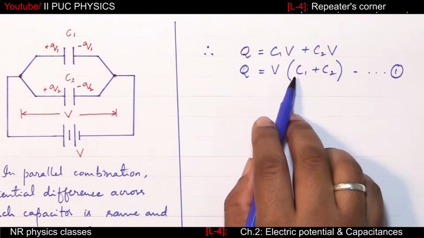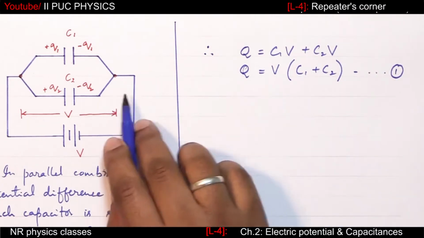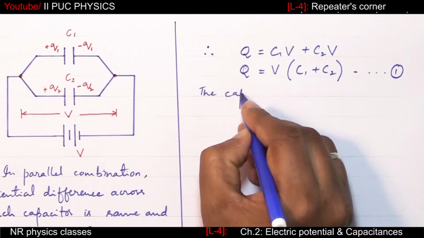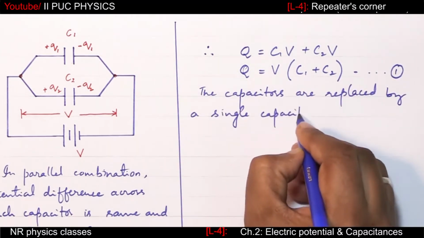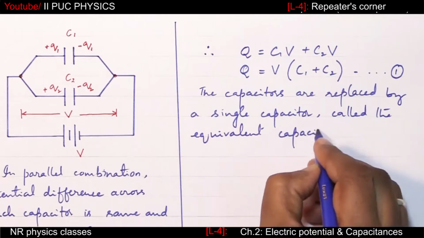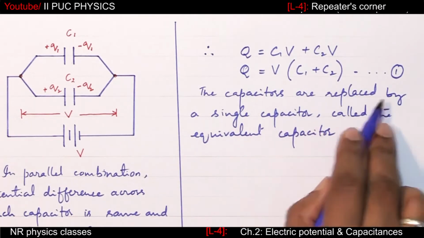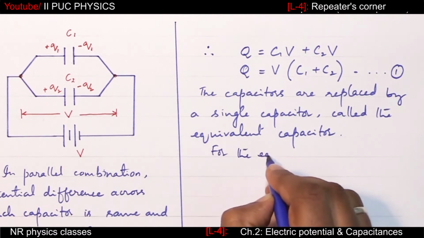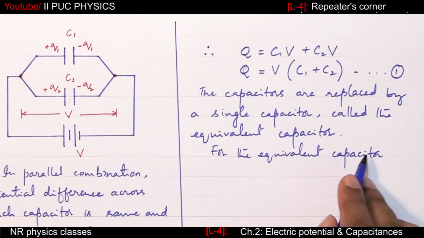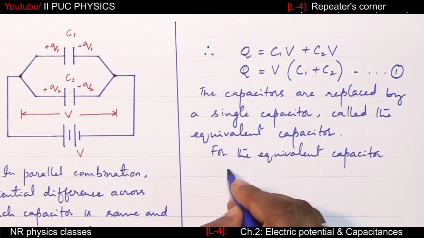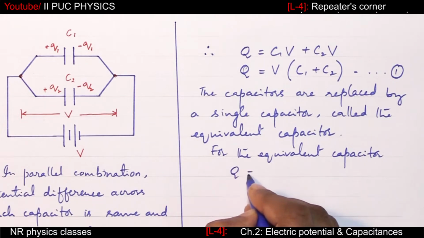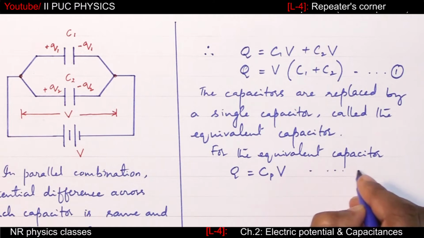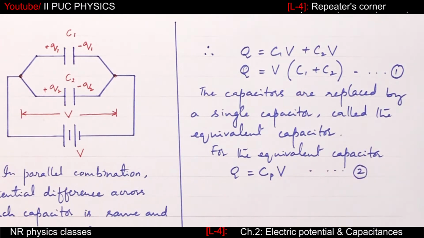Equation 1. Now the capacitors are replaced by a single capacitor called the equivalent capacitor. For the equivalent capacitor, Q equal to C parallel into V. This is equation 2.